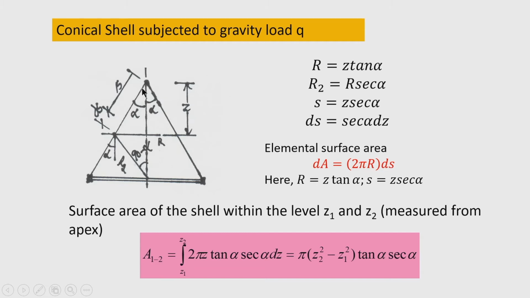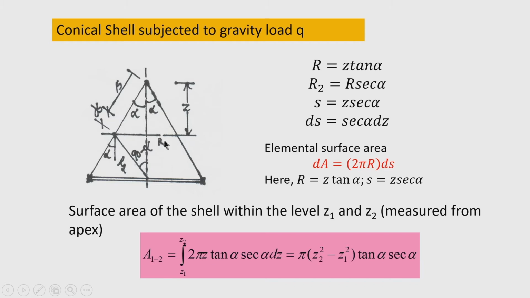Now, from the geometry, twice alpha is the apex angle, and alpha is the semi apex angle. Okay. Now, z is a level which is defined from the apex. So z is the distance measured from the apex at any level, say this level that I am showing here.